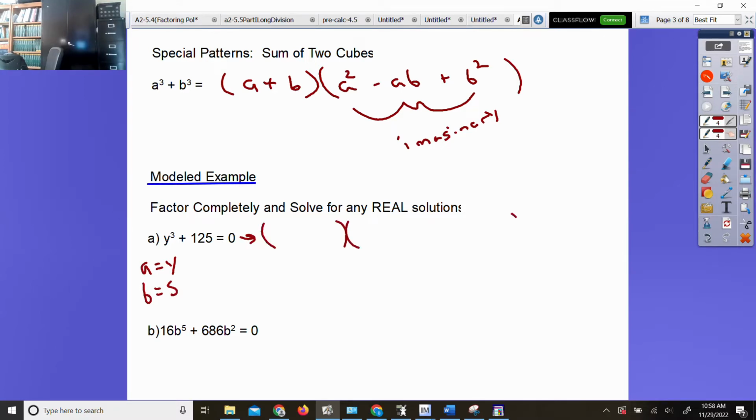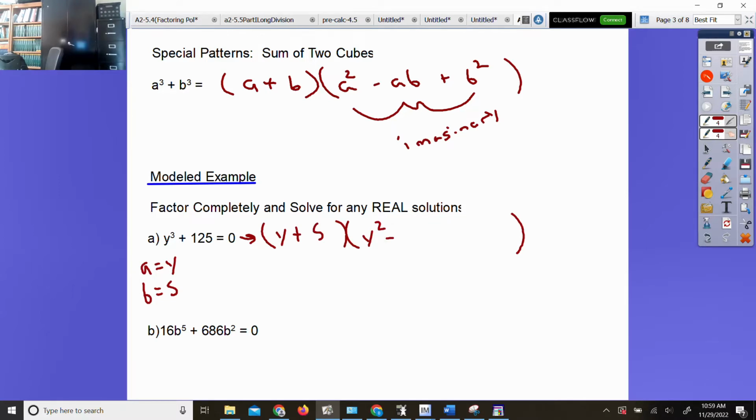First one's A plus B, so y plus 5. When you get to the second set, you look right above. You're supposed to take that A value and square it. Y squared. What's the sign? Minus.